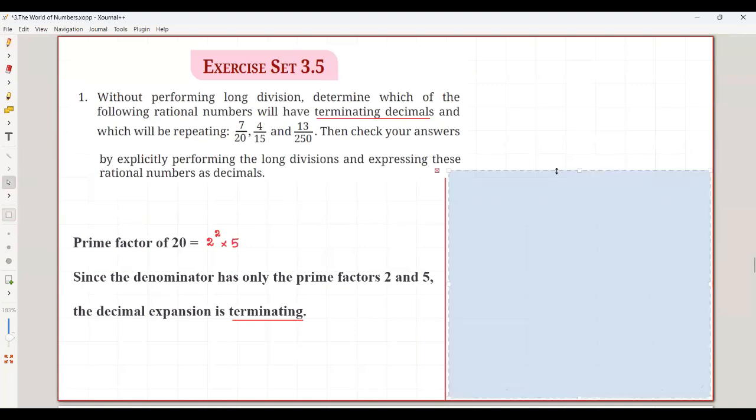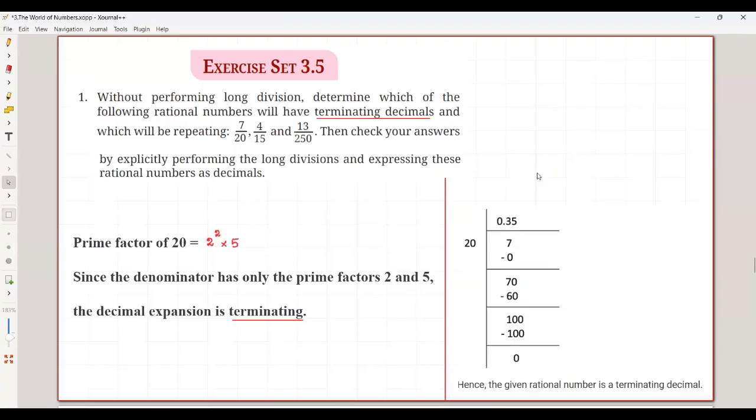I will just show the division here. If you are dividing 7 by 20, 7 is less than 20, right? So we cannot divide. So take 0 and add a 0 here. Now it's 70. In 70, how many times 20? 3 20s are 60. Balance 10.